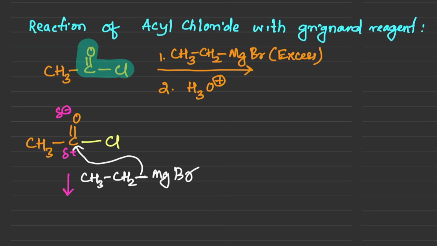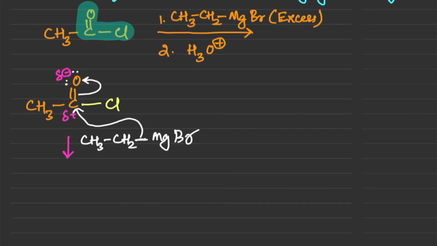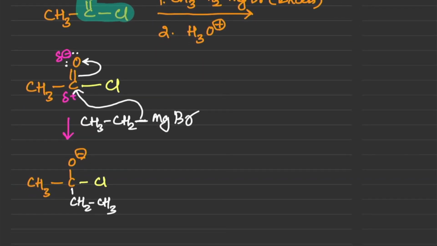So obviously we have to move a pi bond towards oxygen, and we know oxygen had 2 lone pairs to begin with. Now we will have CH3CO minus, and we got our CH2CH3, and we have our chlorine. At this point, if you notice, our oxygen is negative.